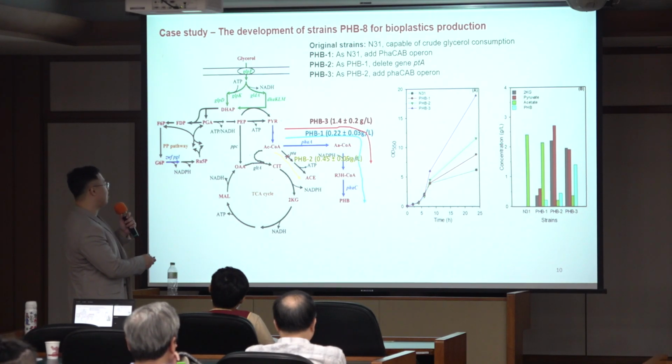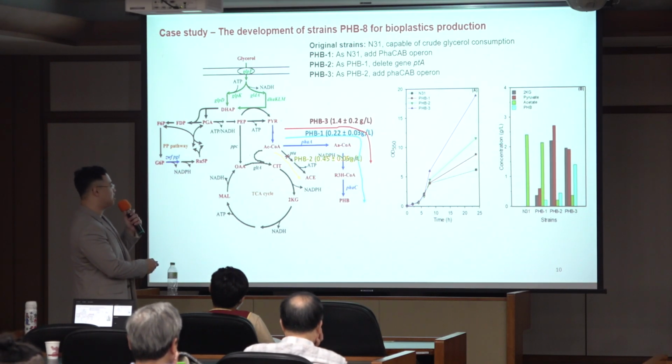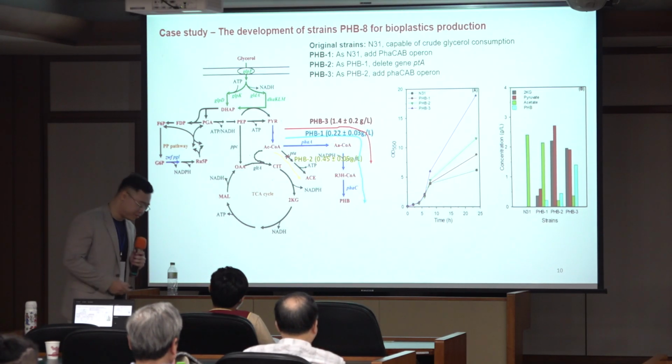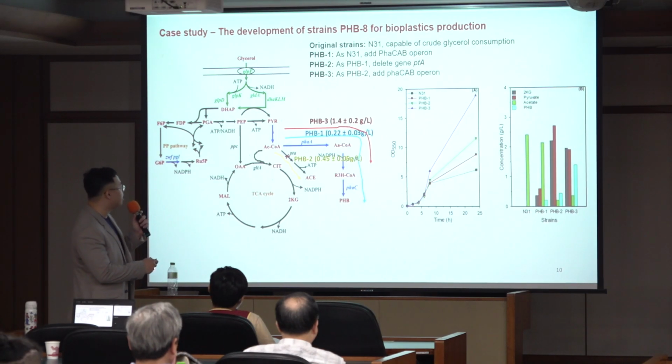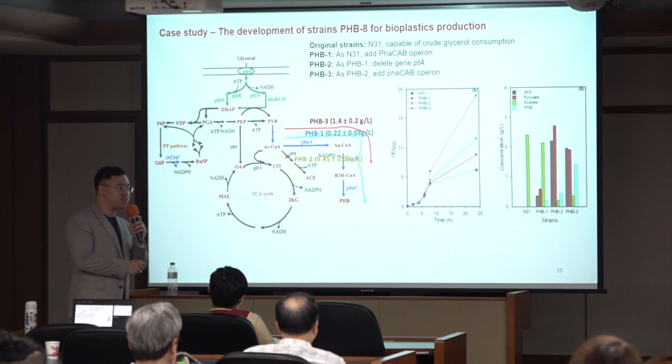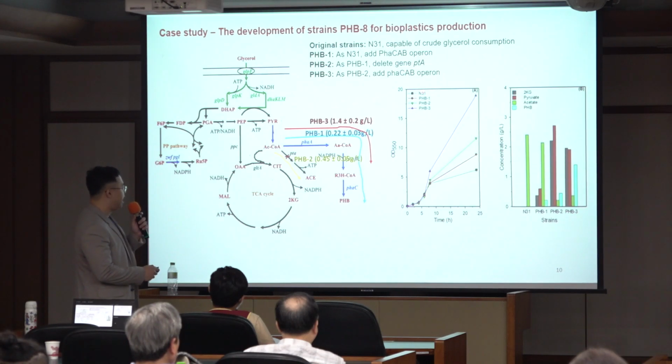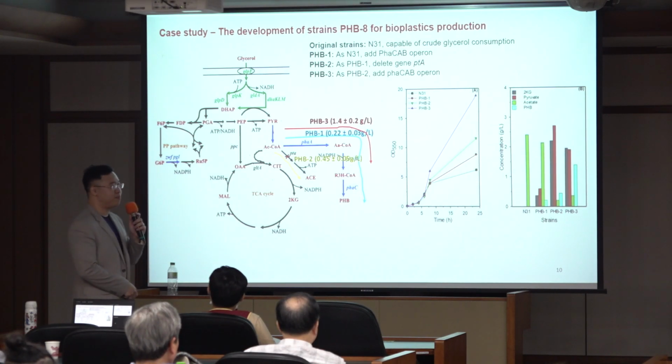And also the production is double, I think, 0.45 compared to 0.22. And for the next step, which is PHB3, we add another far-CAB operon, and the final result is we have 1.4 gram per liter, which is 3 times compared to PHB2.